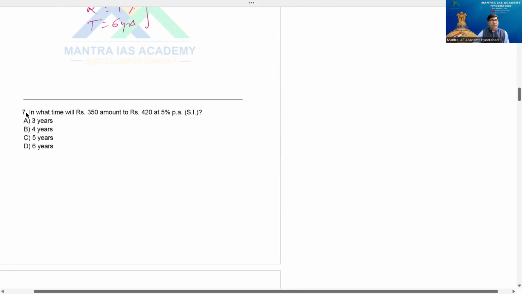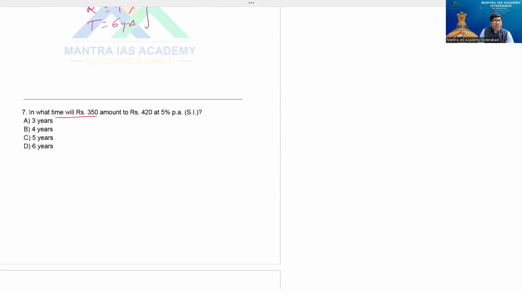Then question number 7 is: in what time will rupees 350 amount to rupees 420 at 5% per annum simple interest?